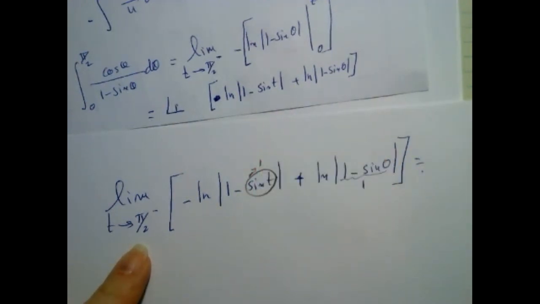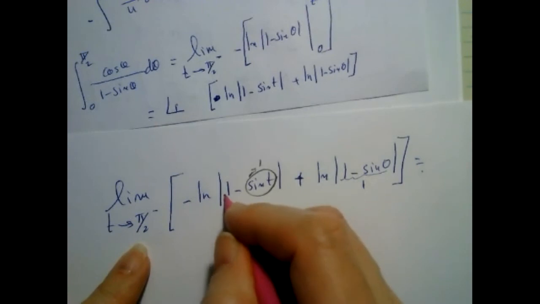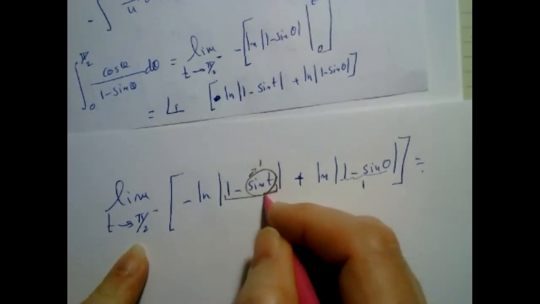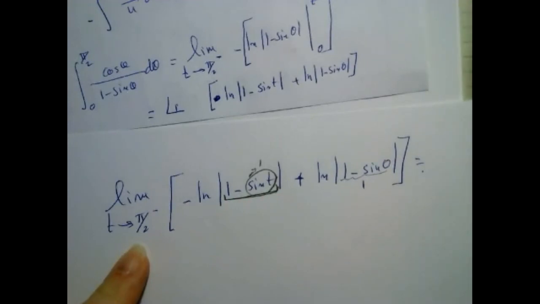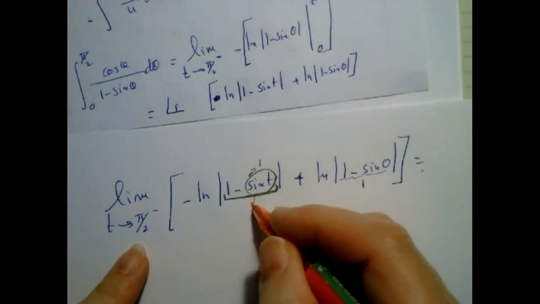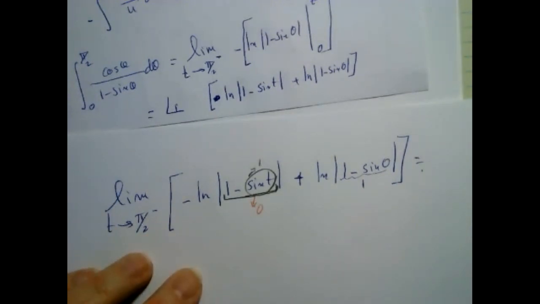Not equal to 1, because t is close to pi over 2. t is never pi over 2. So this piece inside the log is going to become close to what? 0. Close to 0. As I repeat, it's never 0.